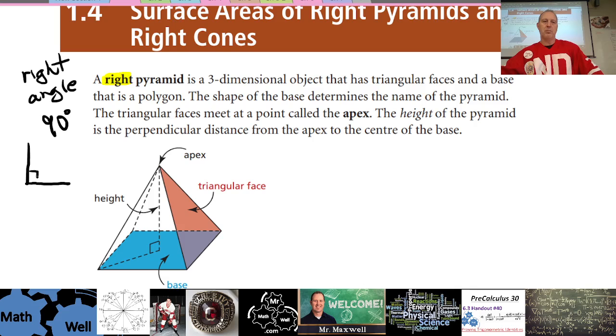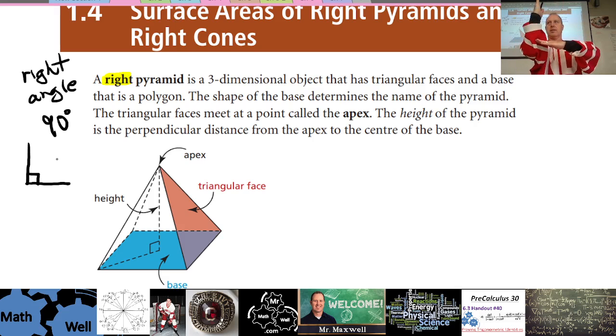Sometimes you'll see it with a little box in the corner, and that means it's exactly 90 degrees. If you see something rounded like this on a diagram, that means it's not necessarily right. It could be 89.9 or something like that. You don't really know. But if it's got a little square there, that means it's a right angle, exactly 90 degrees when we measure it with a protractor.